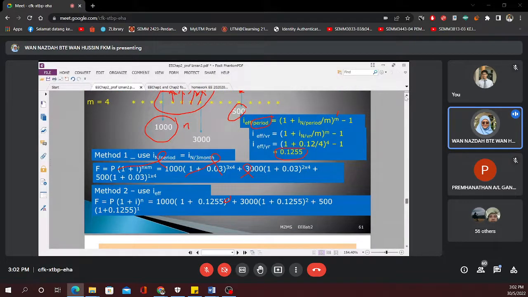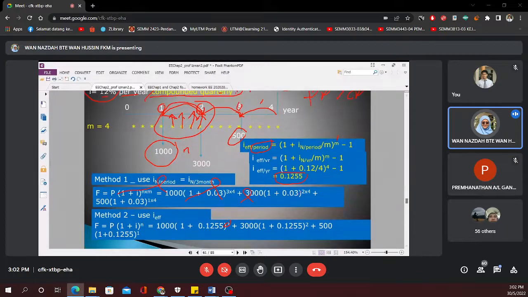Tapi kalau nak kira guna I nominal boleh juga ni. Ada nak cuba I nominal?